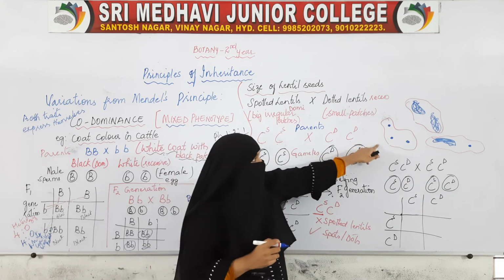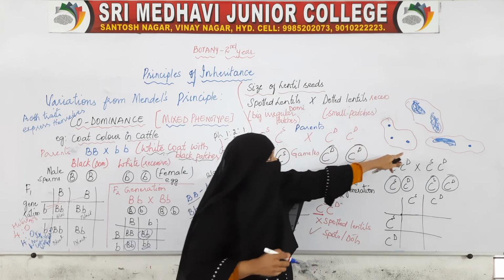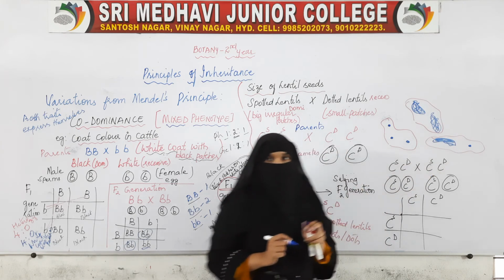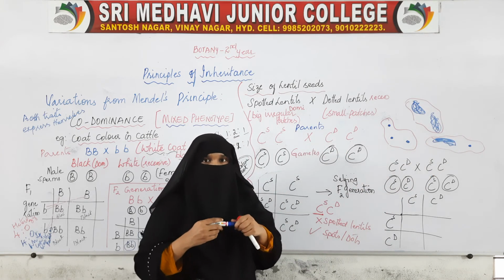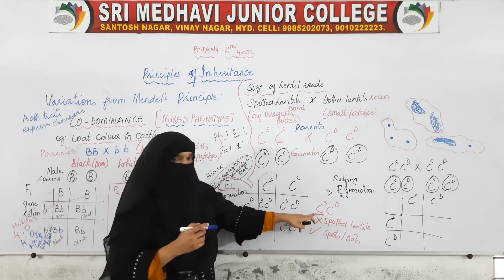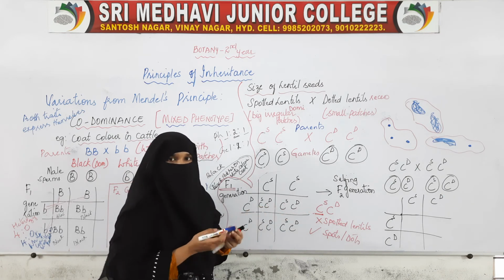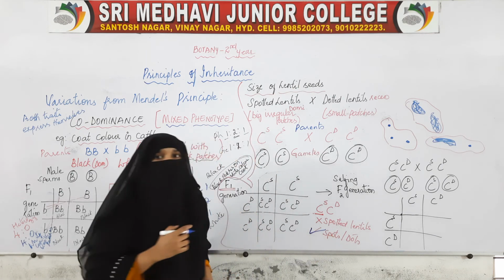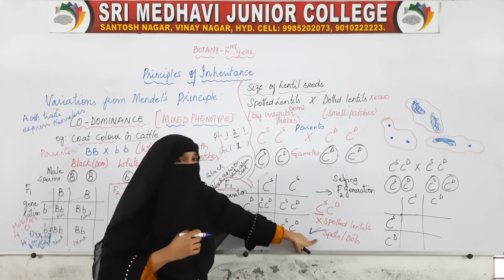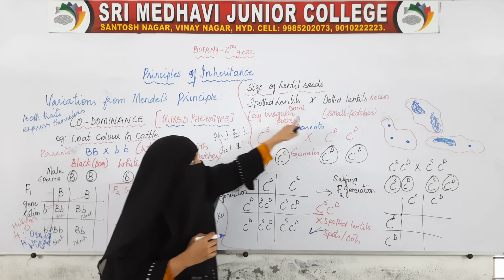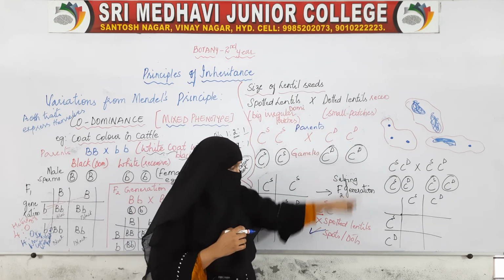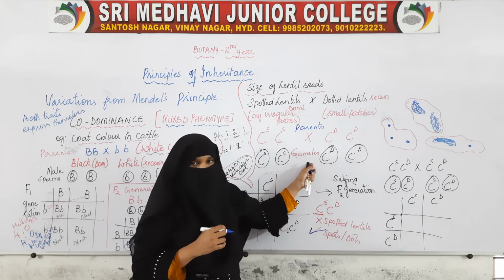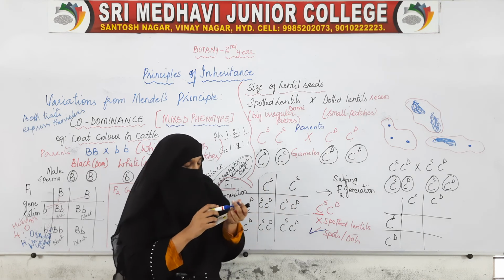We are not getting this, we are not getting this. Instead we are getting lentils which are spotted as well as dotted. So CS CD are nothing but lentils with both spots and dots on them. So this is the mixed one. In your textbook this example is given.